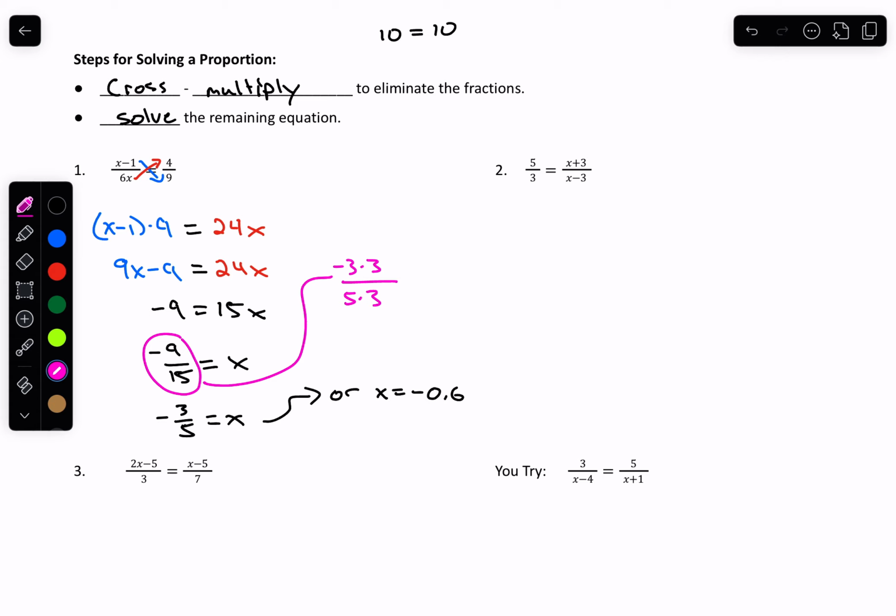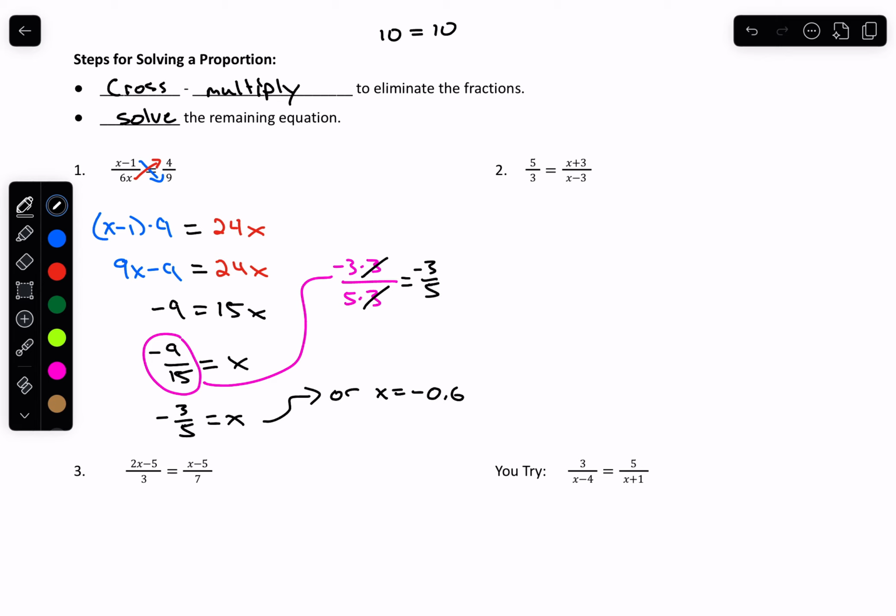So if we write this fraction using prime factorization, we factor the top and bottom, then we can reduce the number of factors. So the 3 and the 3 are the same, so they're going to divide each other out to give us 1. And this will just be equal to negative 3 over 5, which is what we had down below. But when I say reduce fractions, the reason I say reduce is we are reducing the number of factors in the numerator and denominator.